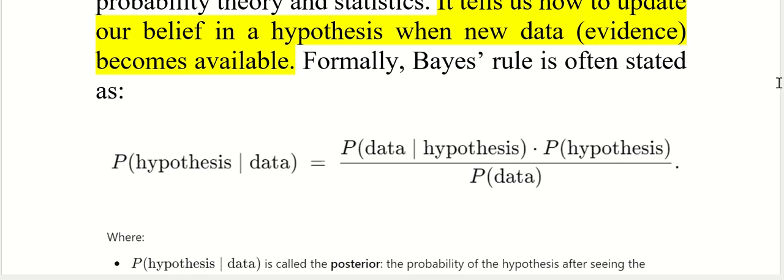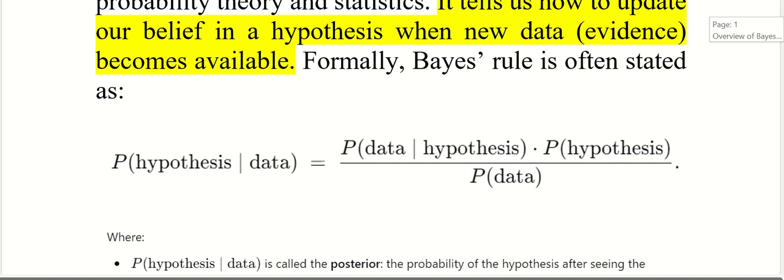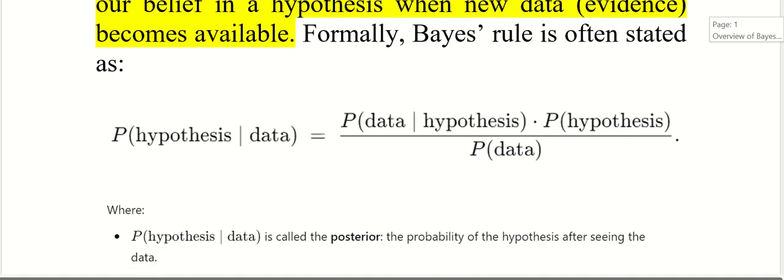This is your initial belief, divided by the probability of the data. This is the evidence you got, and it's the marginal likelihood. That means it includes all the possible outcomes, whether they agree with your hypothesis or not.